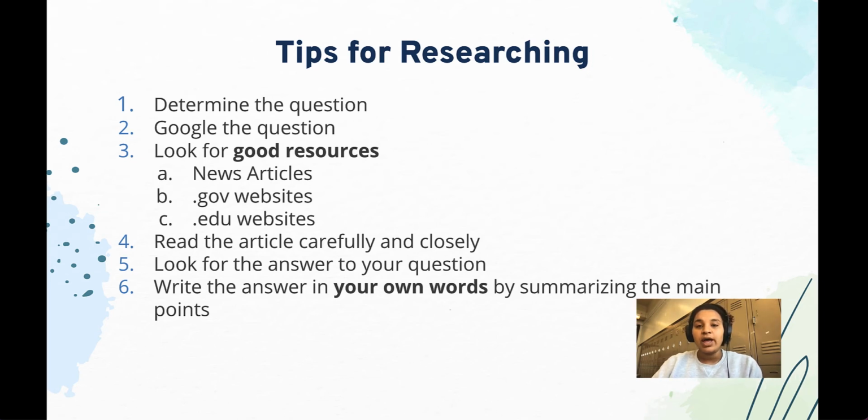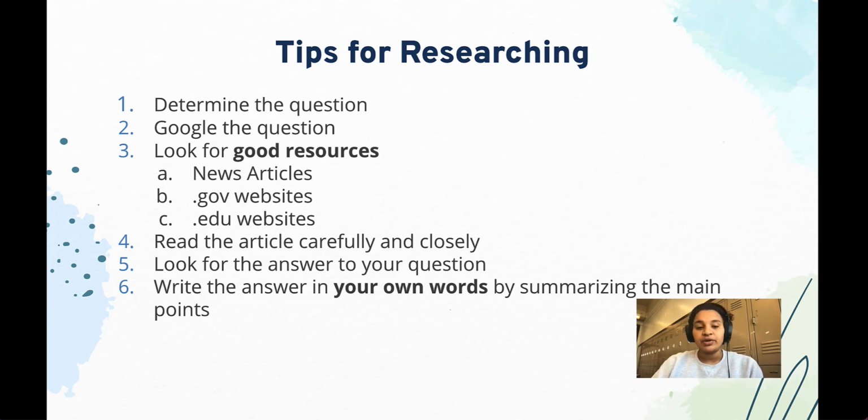If you go to any .com website, you may be getting false or fake information. The information that you find on news, .gov, and .edu websites have a higher chance of being reputable or truthful, evidence-based information. Once you find the article, you're going to read it carefully and closely. You want to make sure that you're finding the answer to your question and evidence to help support your answer.